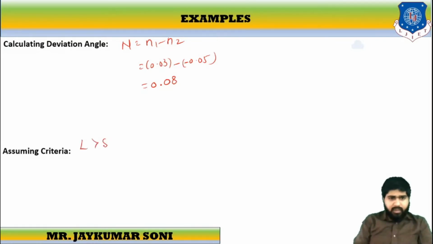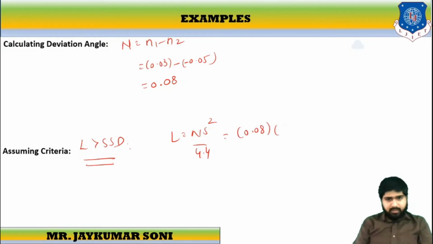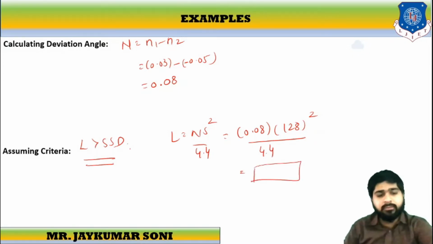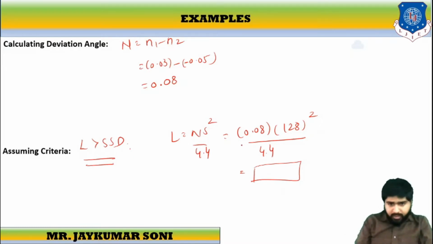We have assumed that L is greater than SSD, so it will be N S square by 4.4, that is 0.08 times 128 whole square divided by 4.4. Calculate and tell me the final answer. So it is 298 meters.